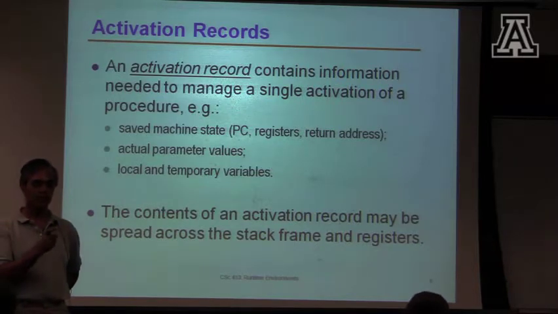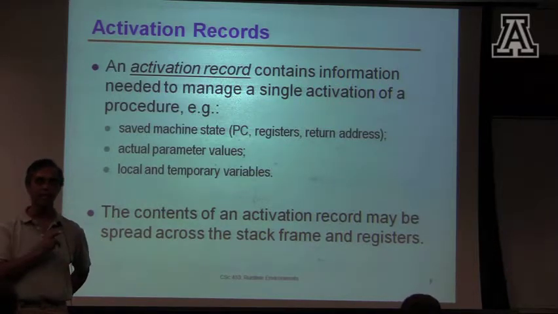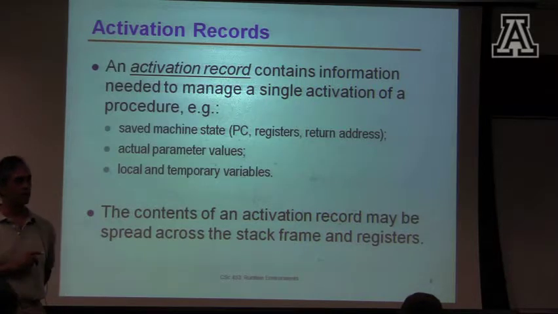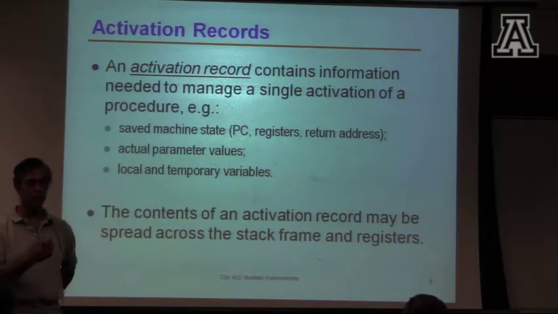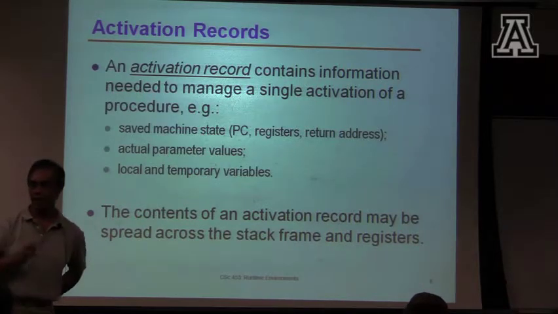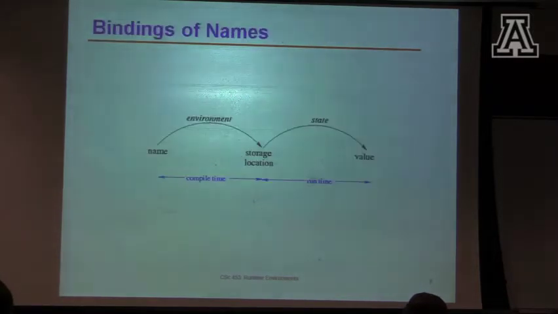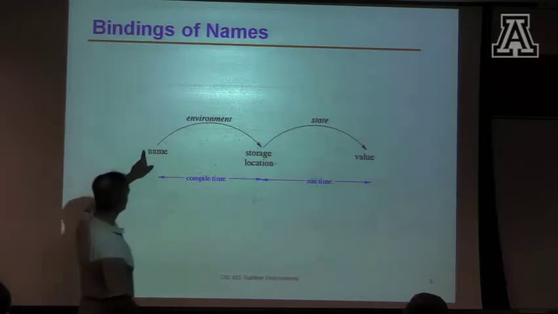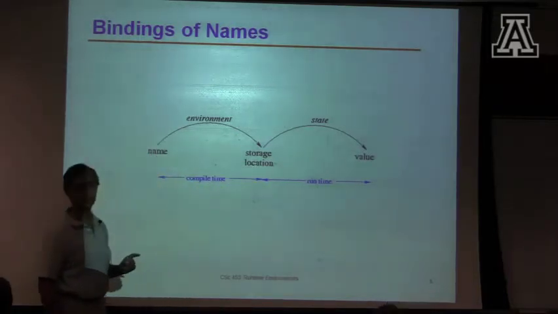So the compiler has to manage that, and it will do so via the symbol table. It's going to collect up stuff in the symbol table. And when you get to code generation, one of the things that it'll do is figure out the location where each variable lives. That symbol table information will take care of this mapping.